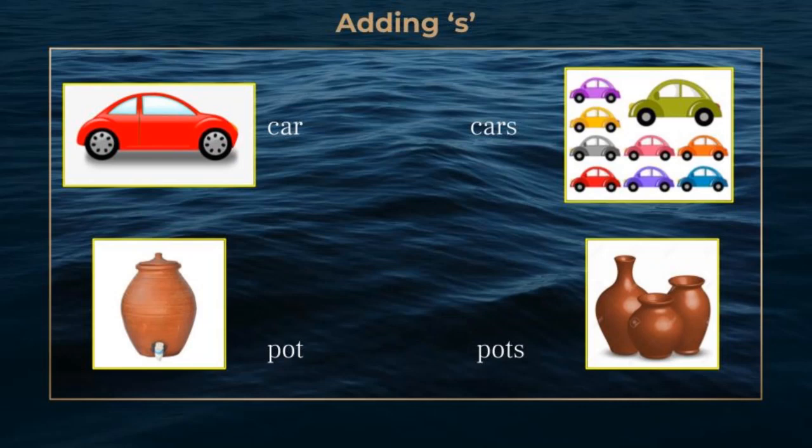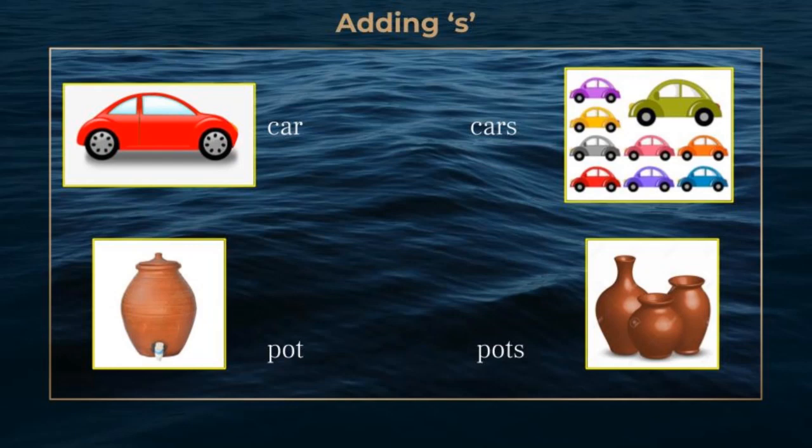The picture is car. We know very well that car is a singular noun because how many cars are there? Just one car is given in the picture, so it is a singular noun. What is the plural form? You're right. The plural form is cars by adding the letter s to the given singular noun.